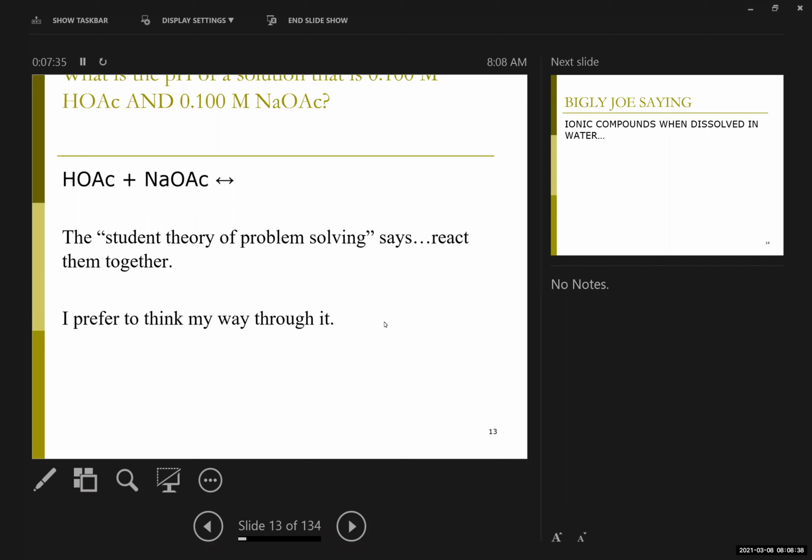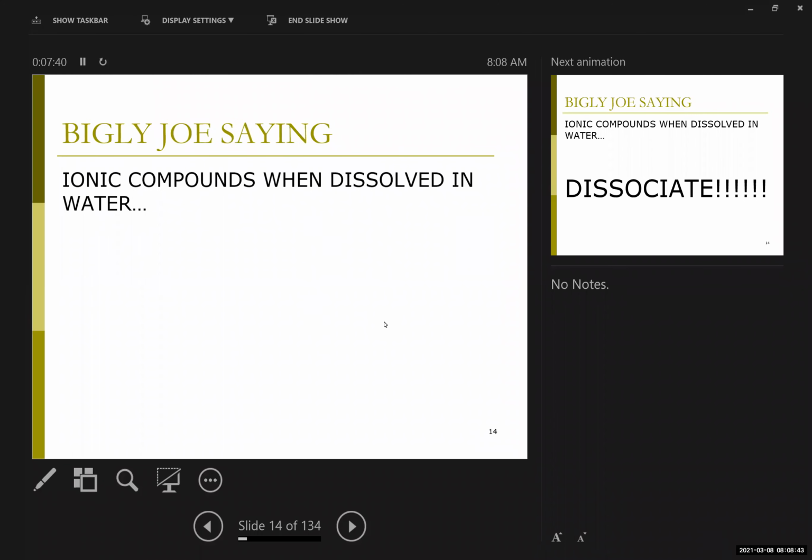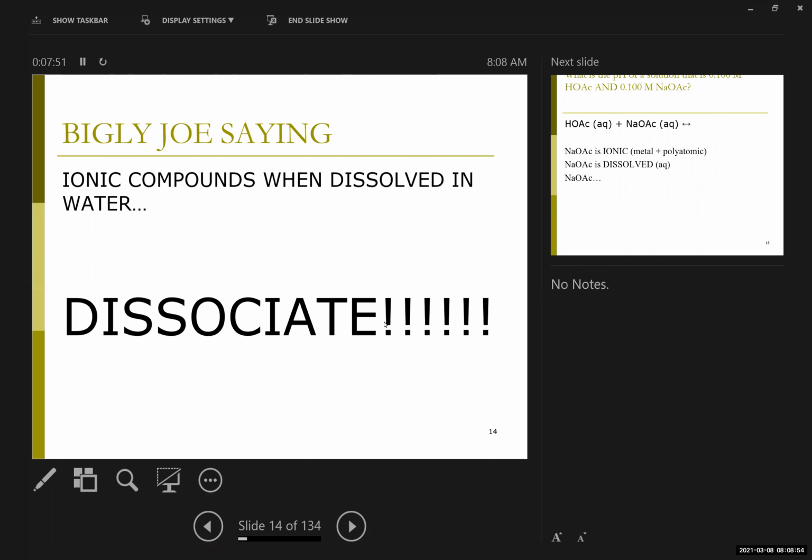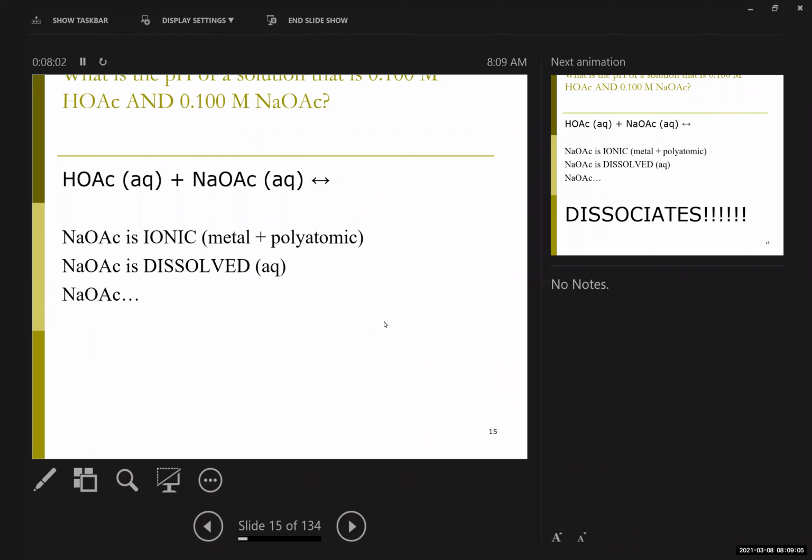And so I return you to what I claimed was one of my biggest themes of the entire semester. Ionic compounds, when dissolved in water, dissociate. Now begins the part of the course where this becomes increasingly important, right? Because what that really means is, I don't have sodium acetate because I'm dissolved in water. Sodium acetate is ionic, right? It's a metal plus a polyatomic.